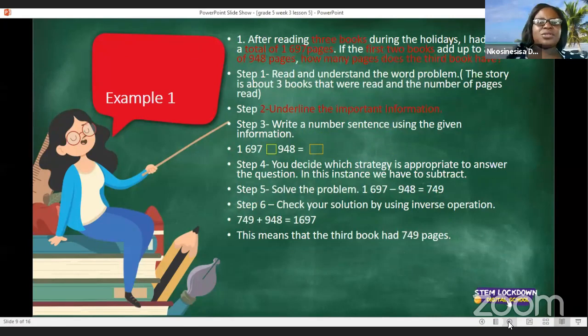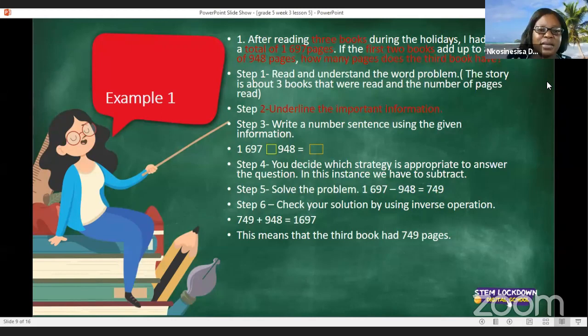So we have a problem that I gave you here. It says, after reading 3 books during the holidays, I had read a total of 1,697 pages.